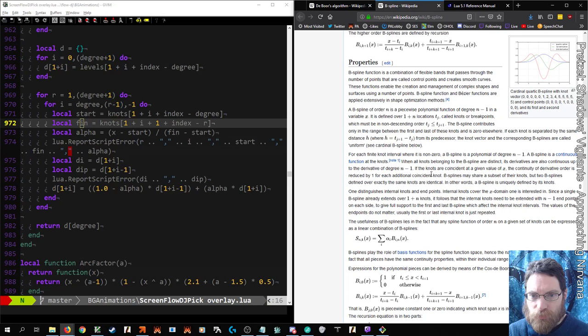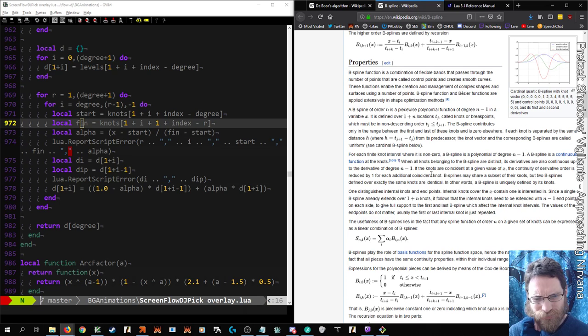Defined over 1 plus n locations, called knots. The degree n minus 1.